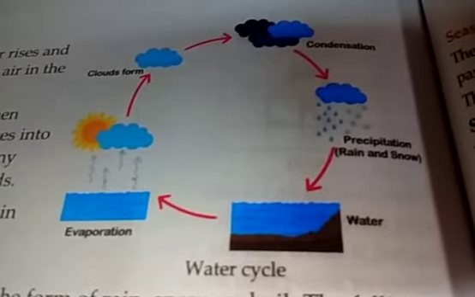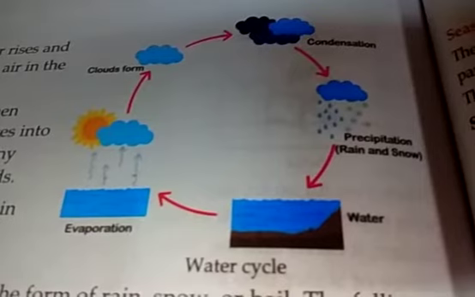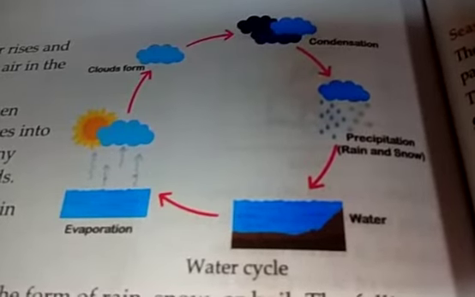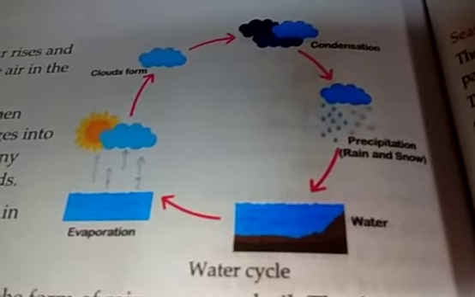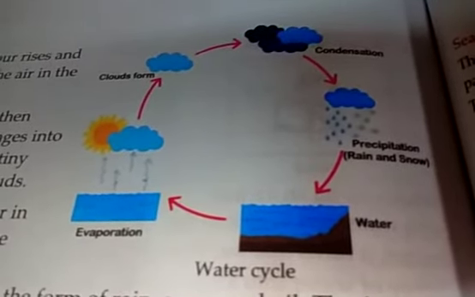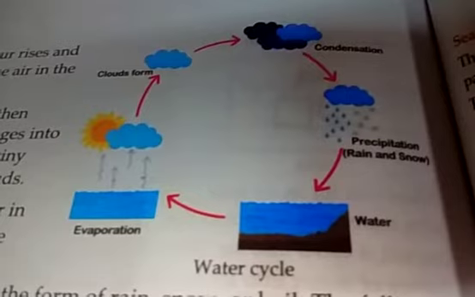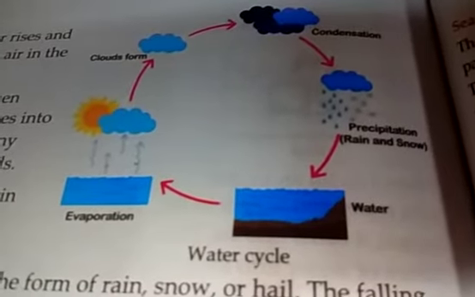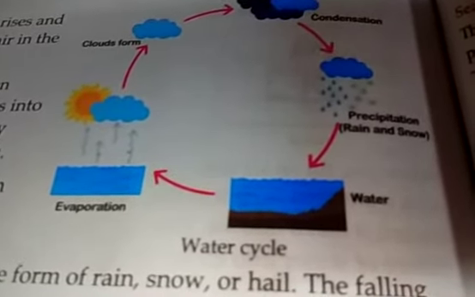The state of water present on the earth constantly changes due to the processes of evaporation, condensation and precipitation. What is the meaning of precipitation? You all know, right? Rain or snow is called precipitation.